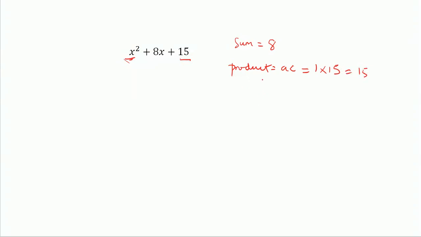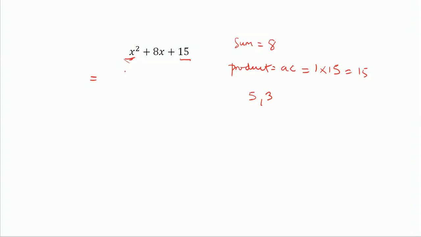So we need to find two numbers whose sum is 8 and whose product is 15. So let's think about this. If we have 5 and 3, 5 multiplied by 3 will give us 15, and 5 plus 3 will give us 8. So these are the two numbers we are looking for.